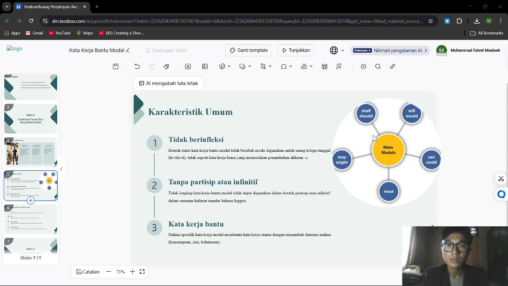Second is no participles or infinitives. You cannot use them in ing forms or with to in standard English. And the third is they are helping verbs. They function by adding a dimension of meaning, such as ability or permission, to the main verb of the sentence.